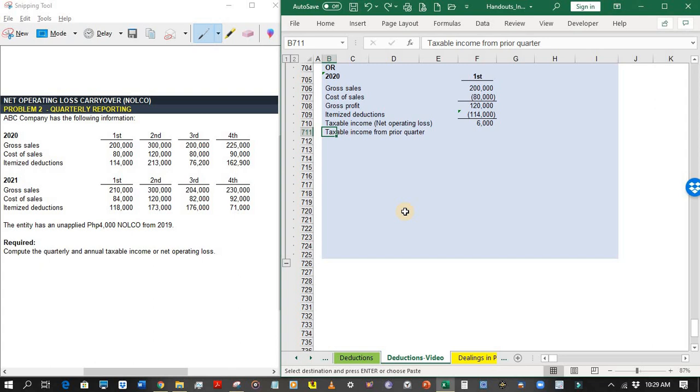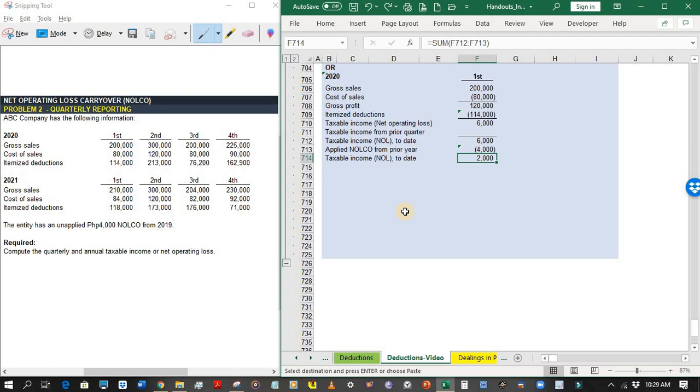Of course, this is the first quarter, so we have no prior quarter taxable income. So for the first quarter, we have 6,000 pesos. And since this is a taxable income, we have deducted the 4,000 NOLCO from 2019. That is why the taxable income subject to tax at the end of the first quarter is 2,000 pesos.